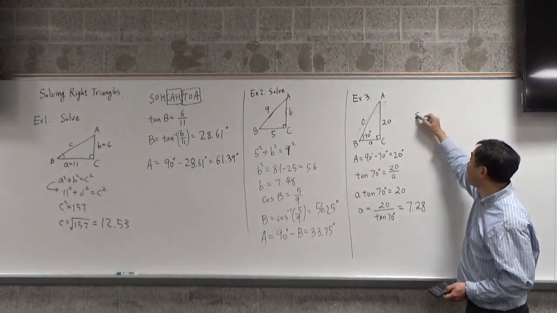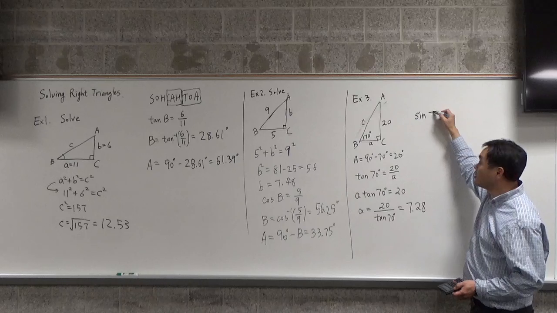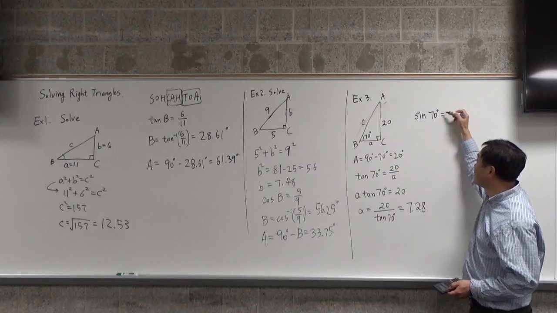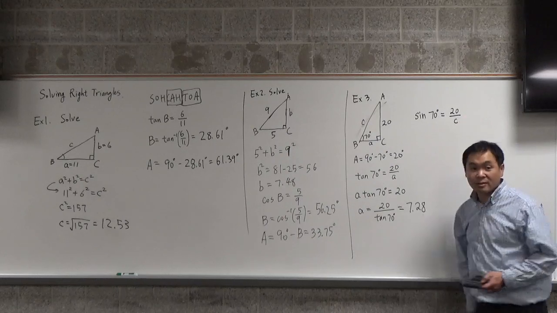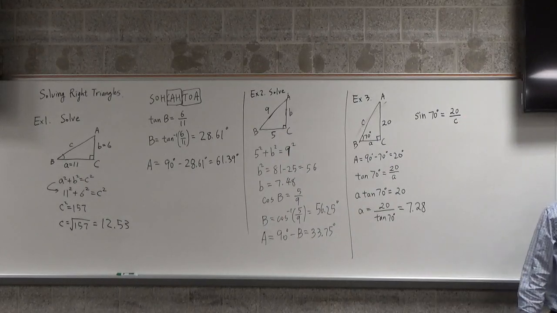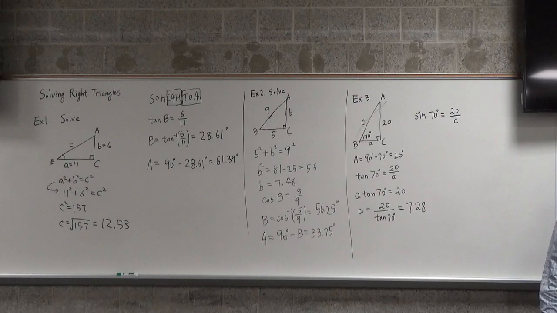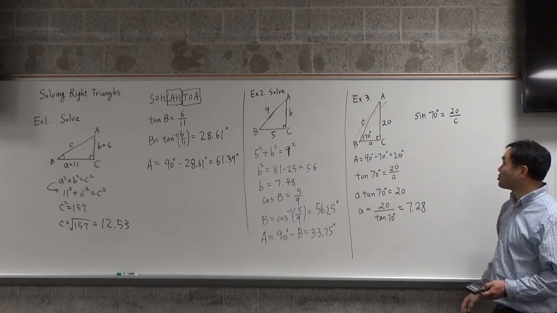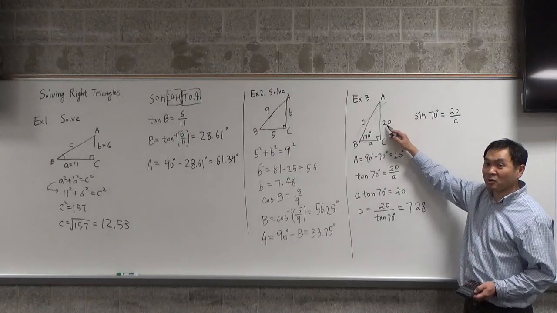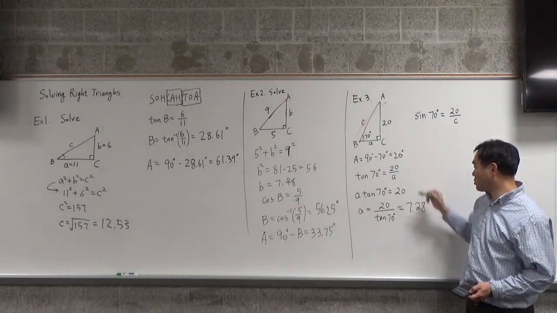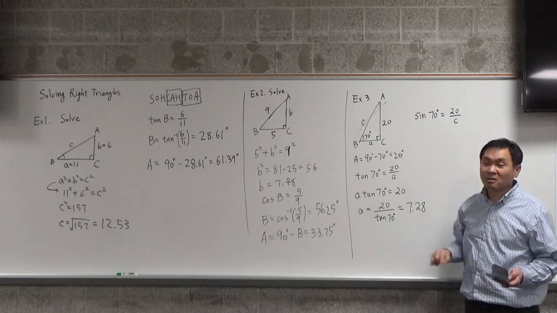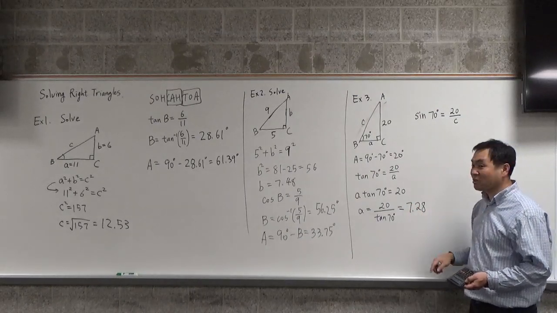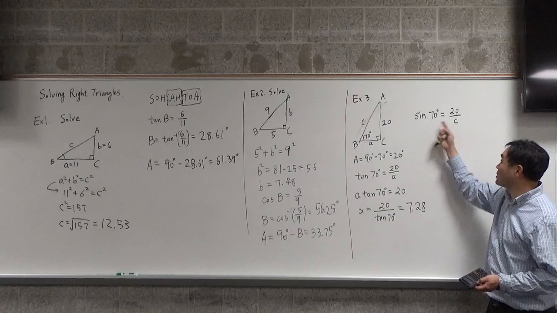So we say sine of 70 degrees is 20 over C. Once you get 7.28, can you use the Pythagorean theorem? Yeah, that's right. You can also do that. You can use the Pythagorean theorem and say 20 squared plus 7.28 squared, and then take the square root. Yeah, I guess that might be easier. But since we are already doing this, let's do this.